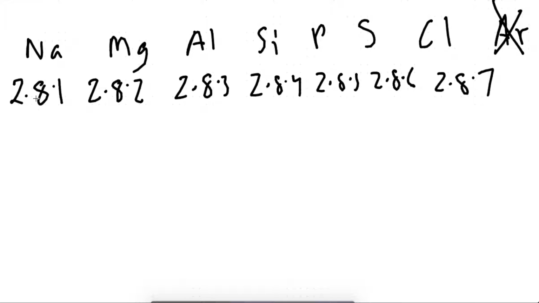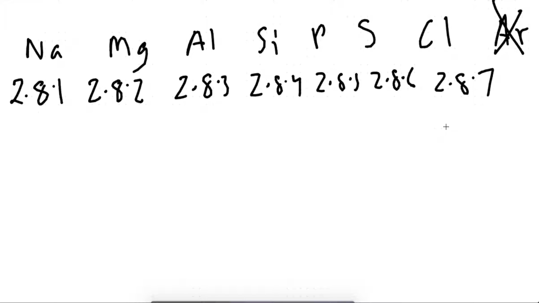You see how it's changing, guys? This loses 1 electron. This loses 2 electrons. This loses 3 electrons. But then we don't know so much about this one because it has 4 electrons. This gains 3 electrons. This gains 2 electrons. This gains 1 electron.